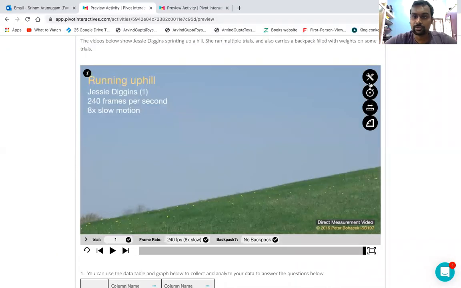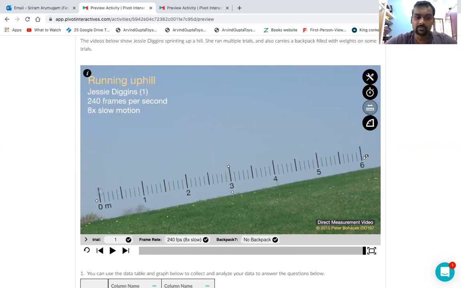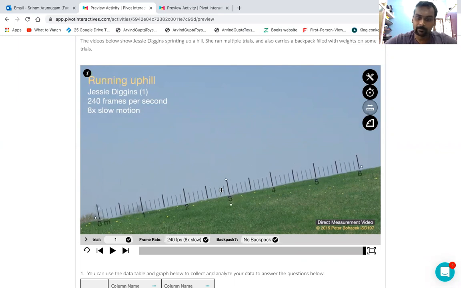This is the ruler I was talking about. I'm going to rotate it such that I would place it this way.